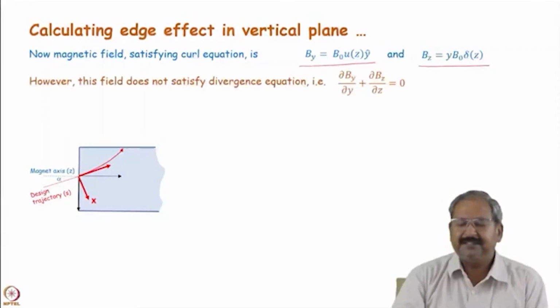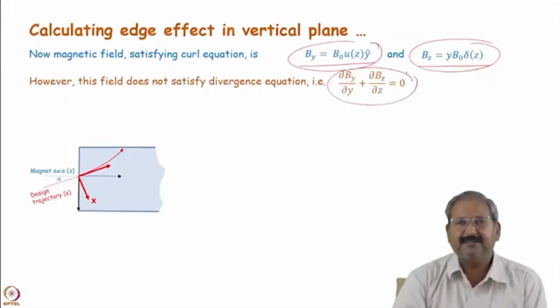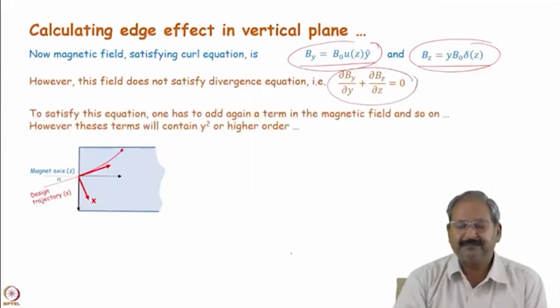Now we see the divergence equation. What will happen? If you take this By and this Bz, the divergence equation will not be satisfied. So what will you do? To satisfy this equation, again we have to add a term in the magnetic field.